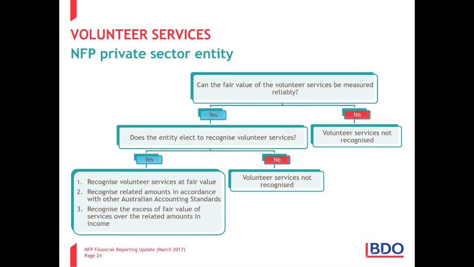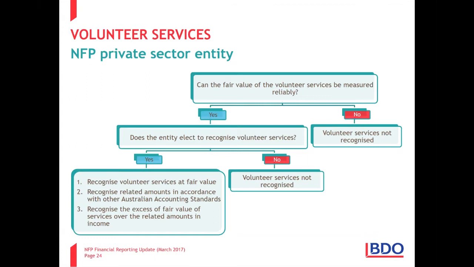And if you say, yes, we can actually do it, does the entity elect to recognize volunteer services in its financial statements? So you've got an accounting policy choice to make that you'll have to disclose in your financial statements. If you say no, we don't do it, easy, just disclose your policy. Or if you say yes, what do we do?